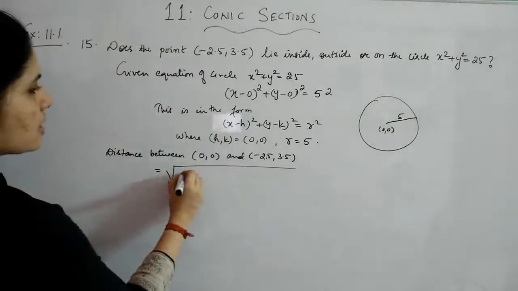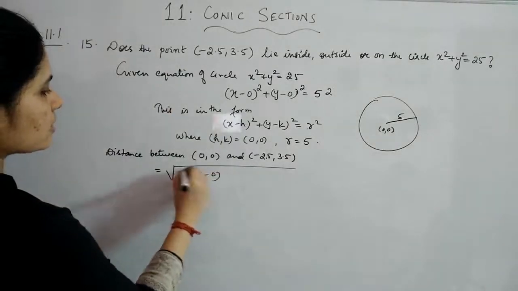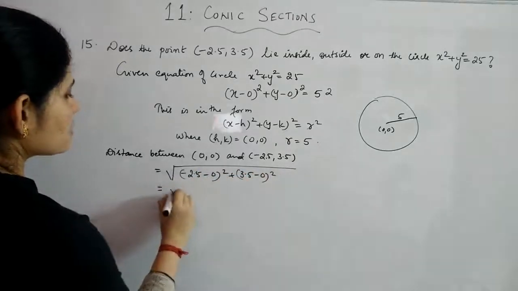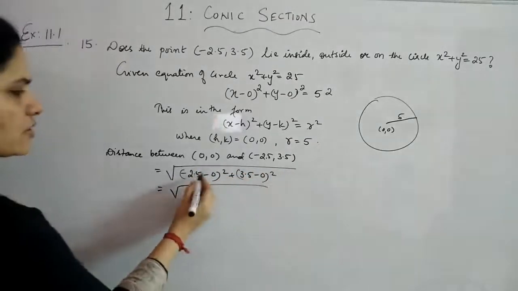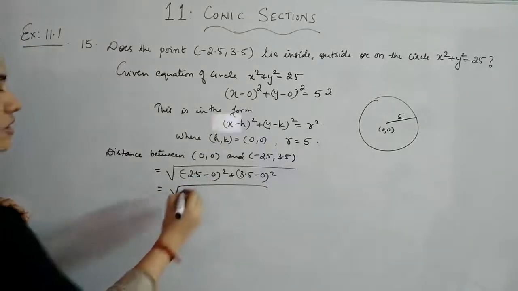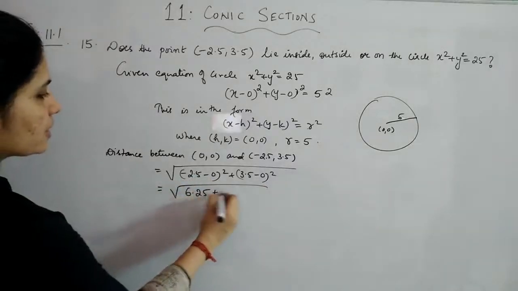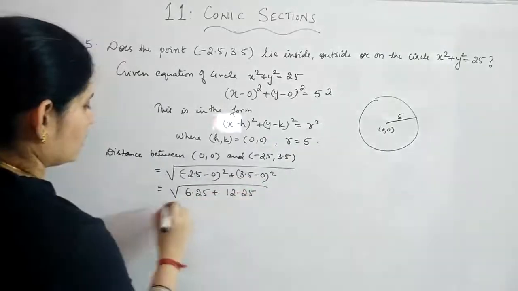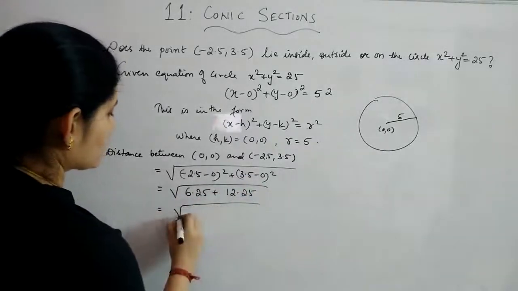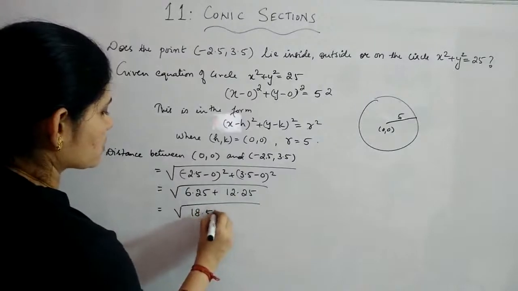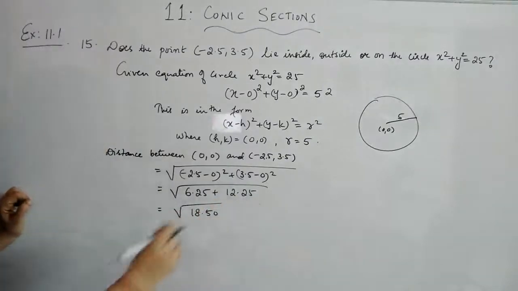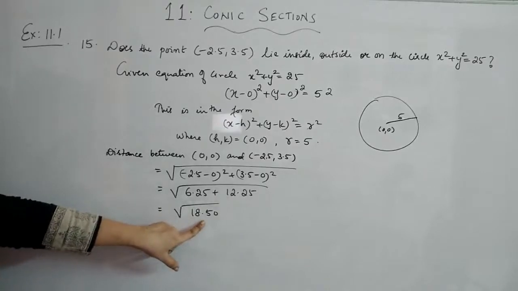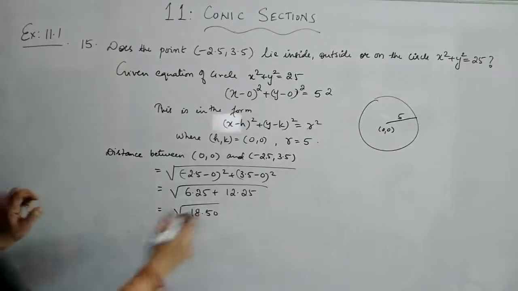So here you will get (minus 2.5 minus 0) the whole square plus (3.5 minus 0) the whole square, which is equal to root of 2.5 the whole square, which is 6.25, plus 3.5 the whole square, which is 12.25. So that you are getting this to be 18.50 or 18.5, right? And root of 18.5 is somewhat 4.3.